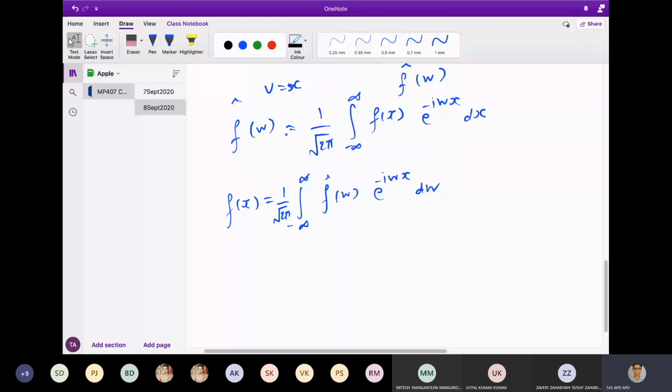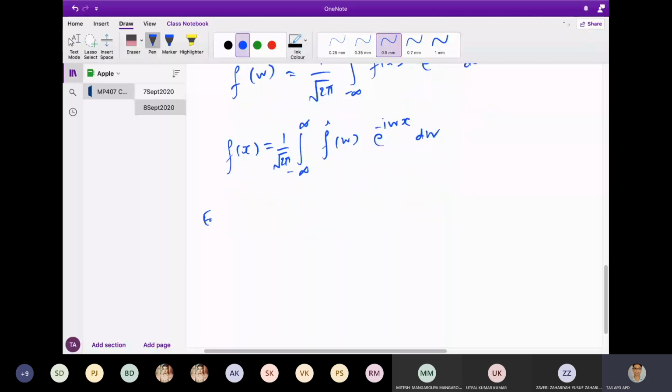So if you take the first example, a simple one, f of x equal to 1 for modulus x less than 1 and is equal to 0 otherwise. You have to find the Fourier transform of this function. So simply you write down the equation: 1 over under root 2 pi, integral from minus infinity to plus infinity.